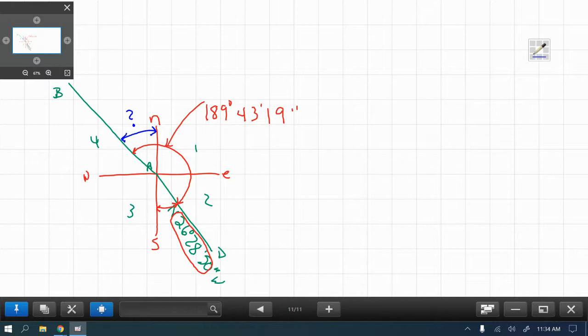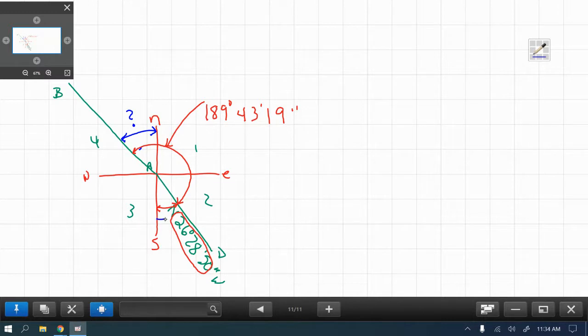I could add this plus the total angle and then subtract out 180 and it'll leave me with what's left over. That's what I would say is the easiest. In other words, add this, the 26, and the whole 189 together.